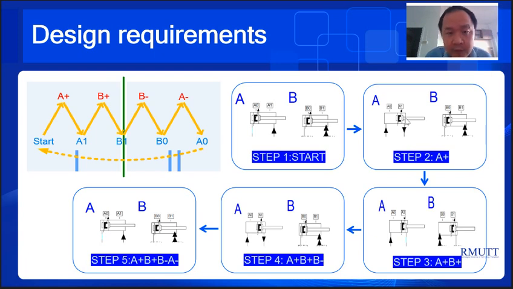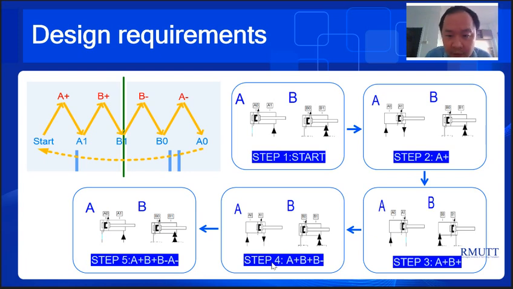The position of cylinder A is extended, which is A+. And step 3, after the position of cylinder A reaches A1, the position of cylinder B is extended, which is B+.